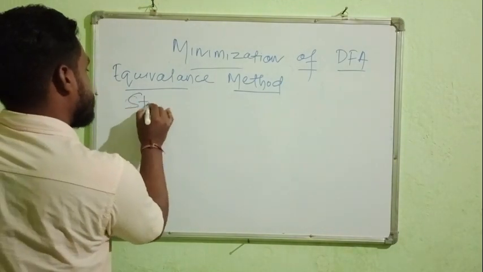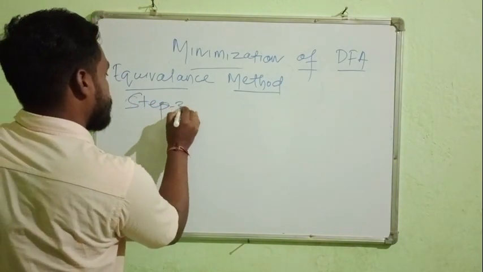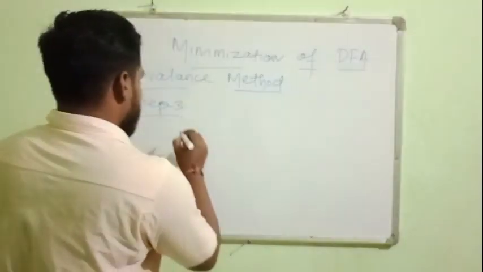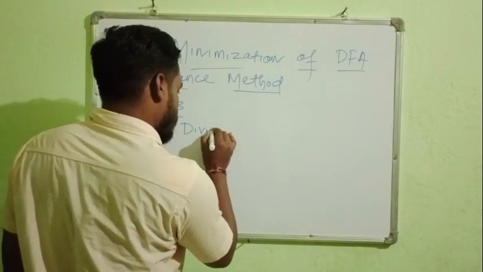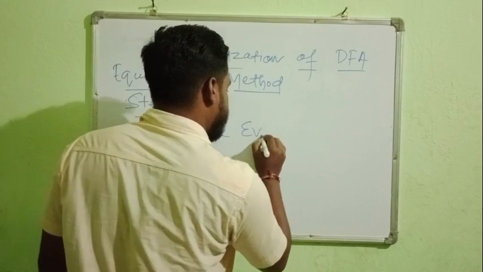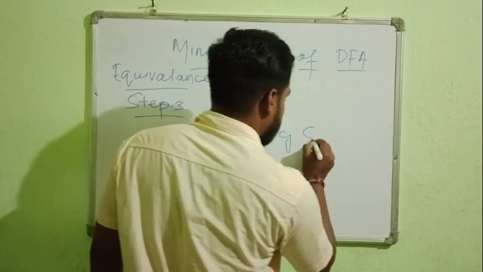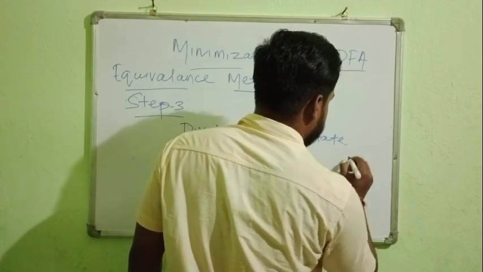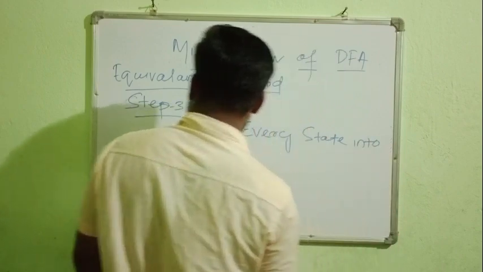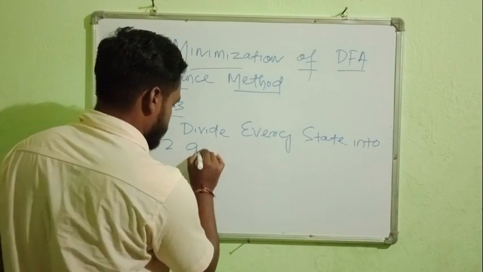Step number 3 is divide every state into two groups.